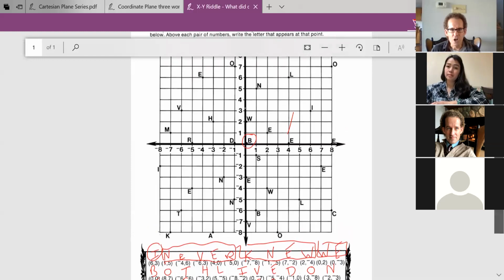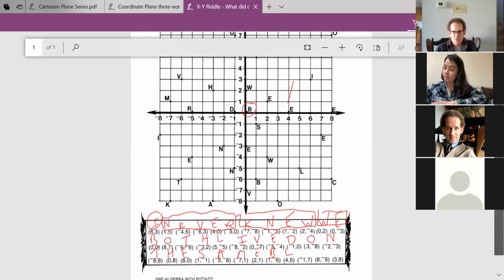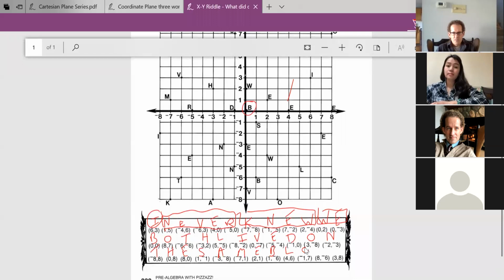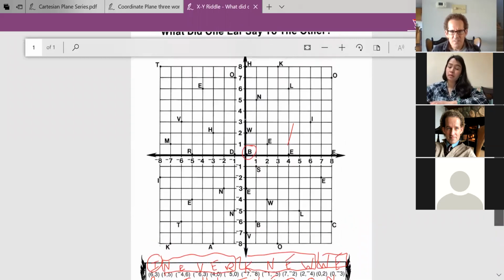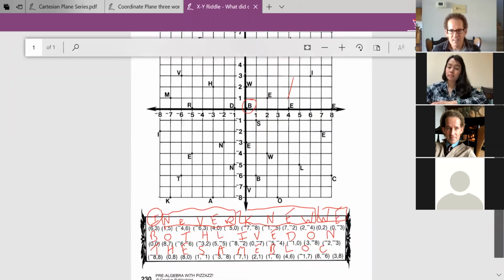That looks like an O. Maybe an O. 8 and 8. Go down 6. That looks like a C. And 3 and 8. Let's see, what's 8 up there? 3 and 8. That looks like a K.